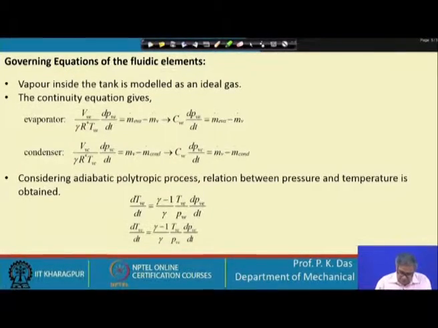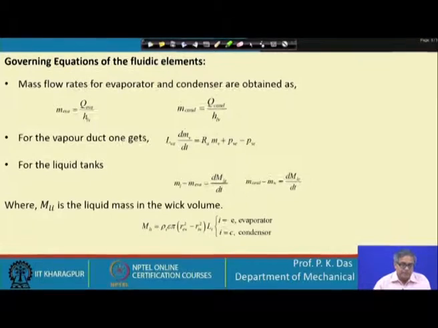With this, if we go to the next level, then how we get how much mass is coming to the evaporator tank: m dot EVA, that is q dot EVA divided by the latent heat. Similarly, m dot condenser, that is whatever is the heat divided by the latent heat.